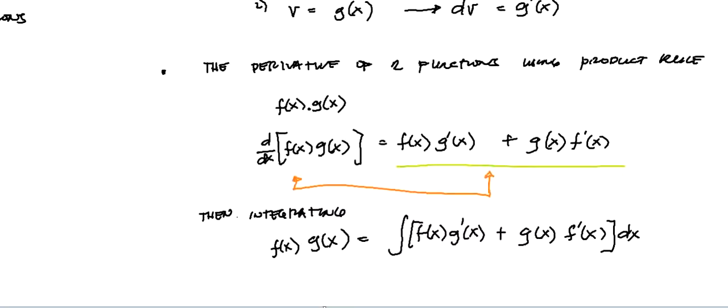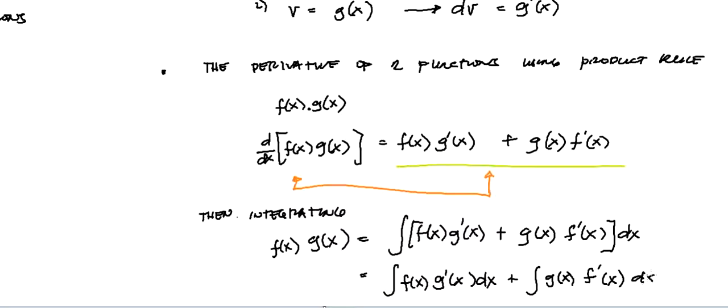We can write this as the integral of f of x g prime of x dx plus the integral of g of x f prime of x dx equals f of x g of x.